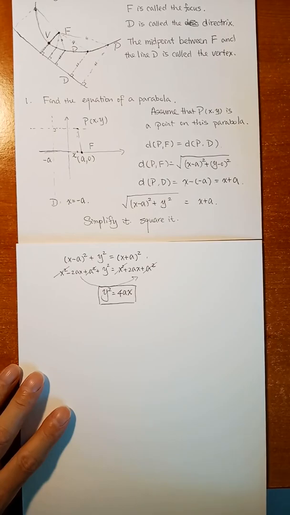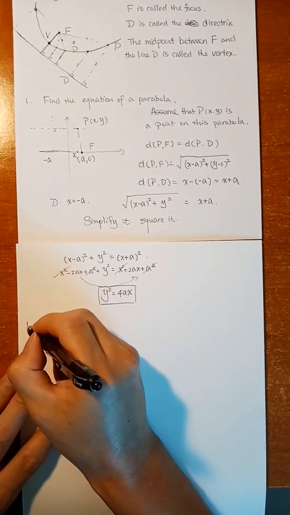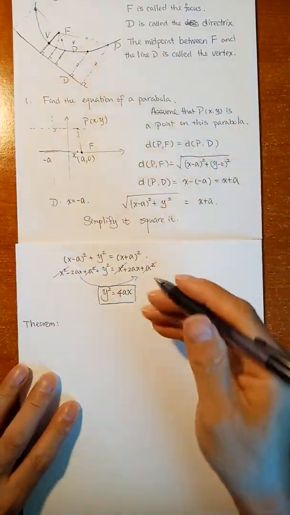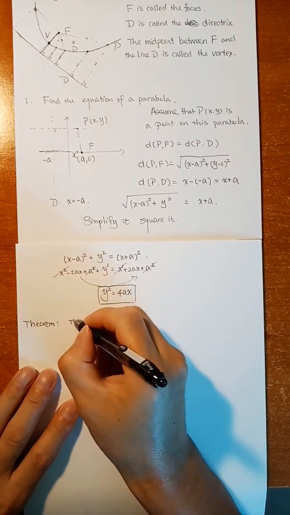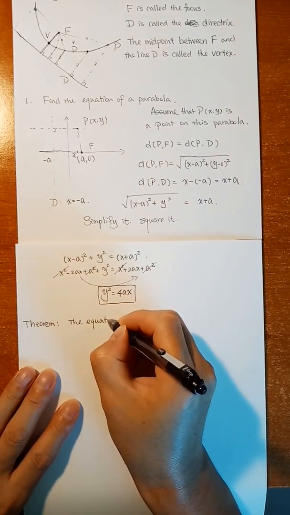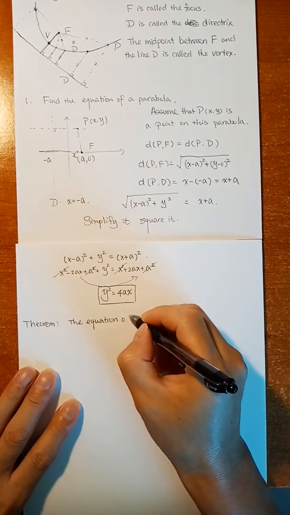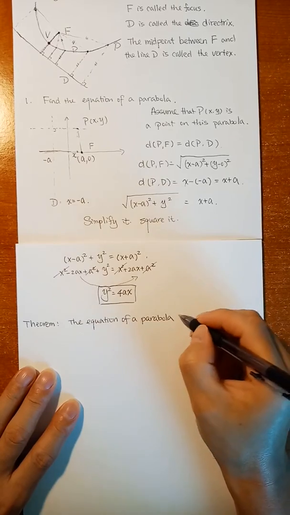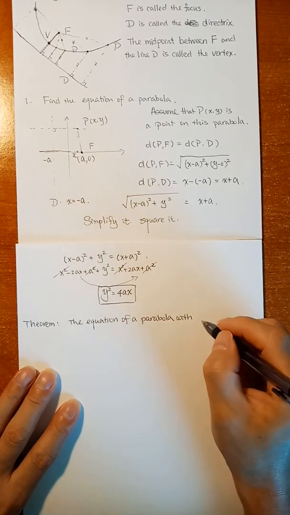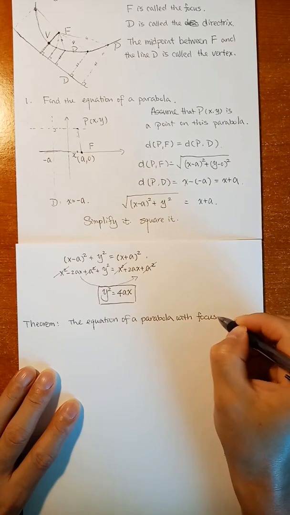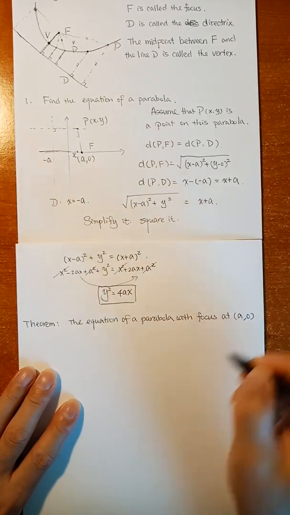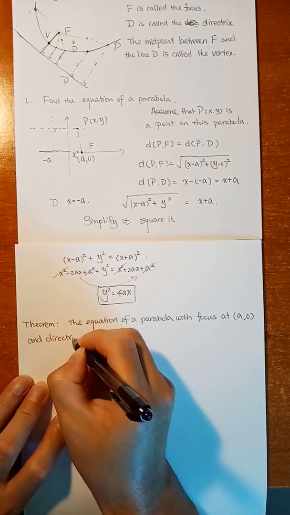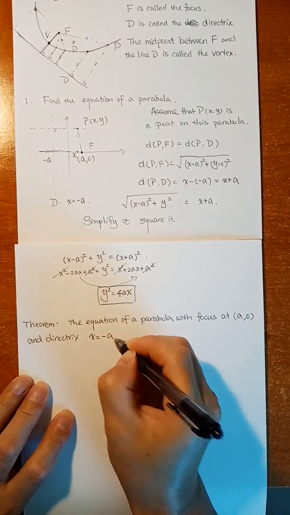So let's write it down. The equation, we can call it a theorem because we did several steps of computation to find it. The equation of a parabola with focus at A, 0 and the directrix x equal to negative a.